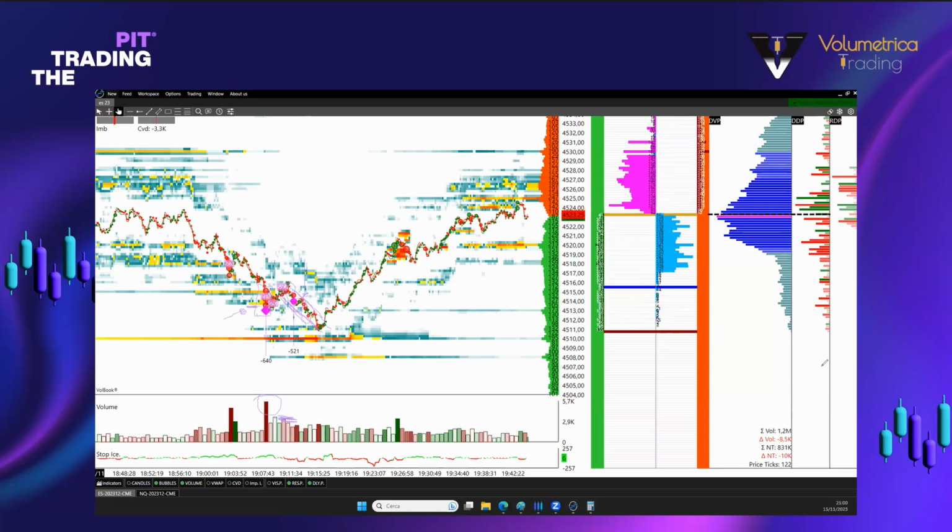The key difference is that here, after every attempt of buyers to go back, there is a stronger response by sellers, which actually are able to move price down with less volume than they used to do here. So this is what happens normally during initiative moves.